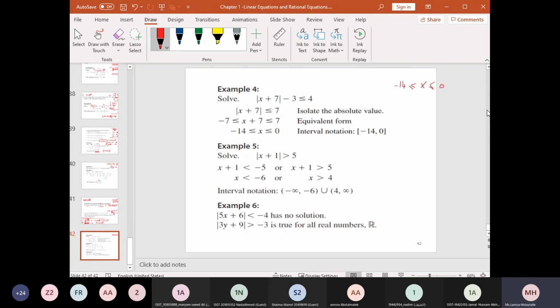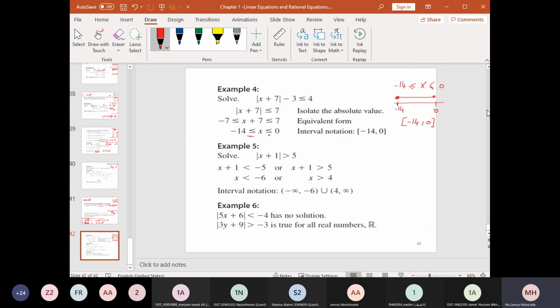So that is from where to where? From minus 14 up to 0, correct? That is the solution. Are the intervals closed or open? We have equality on both sides, so closed, from here up to here. So it is a closed bracket from minus 14 up to 0, like that.